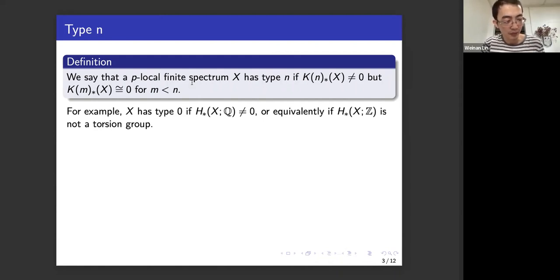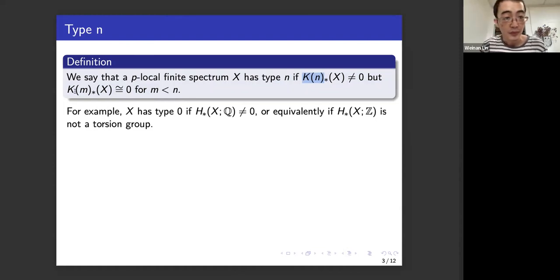But if it's not trivial for all powers, it's called periodic. And those periodic maps are very interesting things in chromatic theory. And the spectrum Kn is a very good thing to detect all those periodic maps.